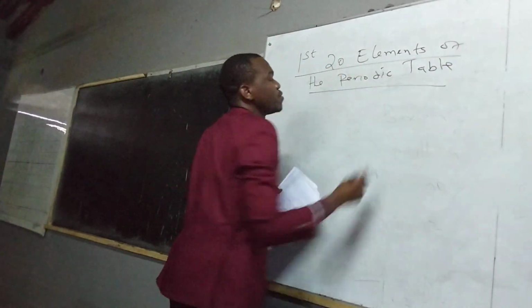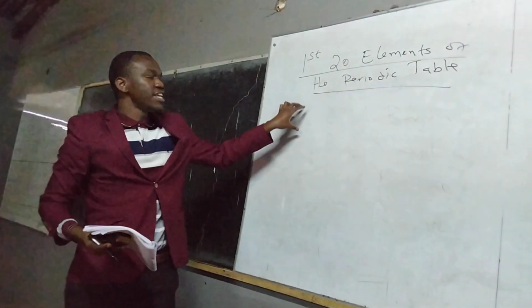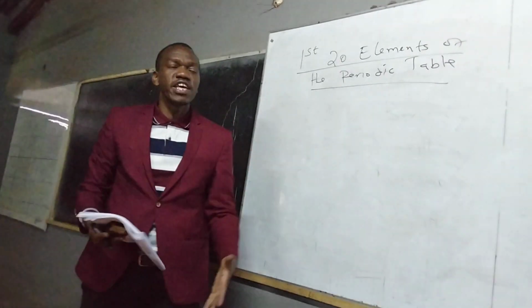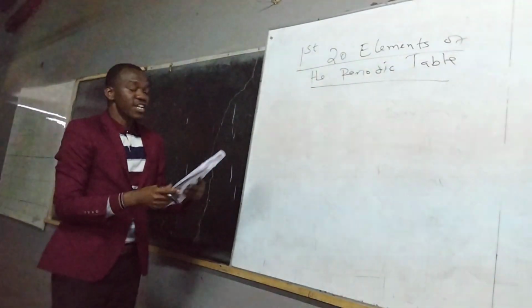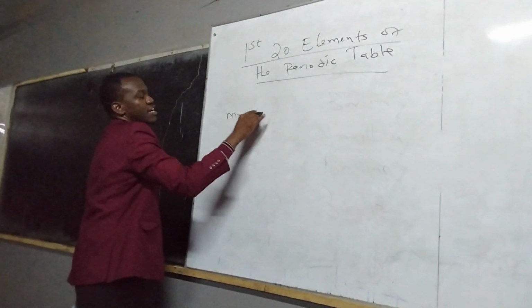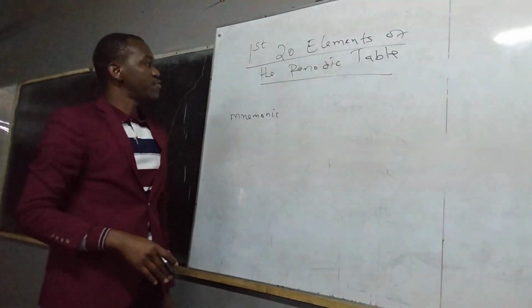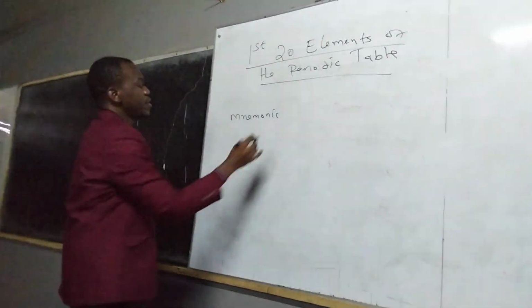Because we are still on chemical symbols, I want us to know how to memorize the first 20 elements, and then after that we'll be able to write the chemical symbols. I'll give you a very simple mnemonic that can help you to remember those chemical symbols, the first 20 elements.